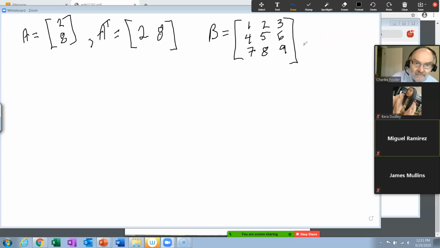You tell me what B transpose would be. Anybody? First entry here.